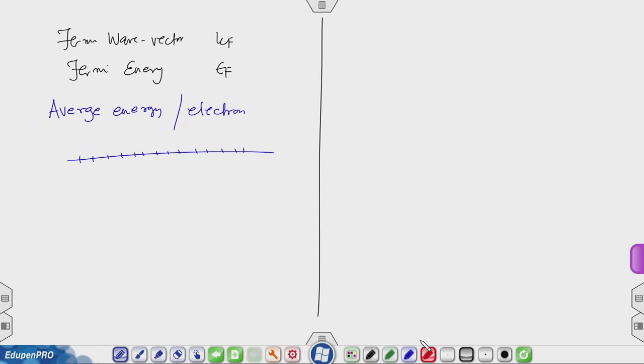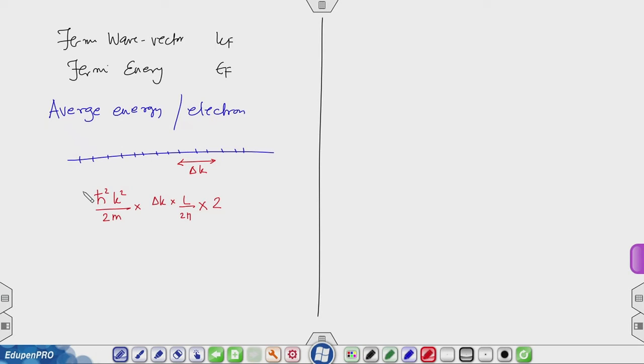So, if I take a particular delta k, the energy of electrons, if this has wave vector k, is going to be h cross square k square over 2 m, and the number of states here is delta k times L over 2 pi, and number of electrons is times 2.